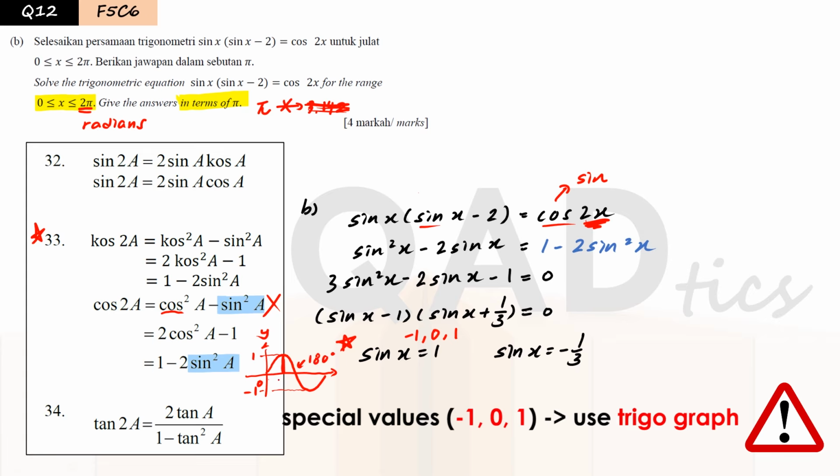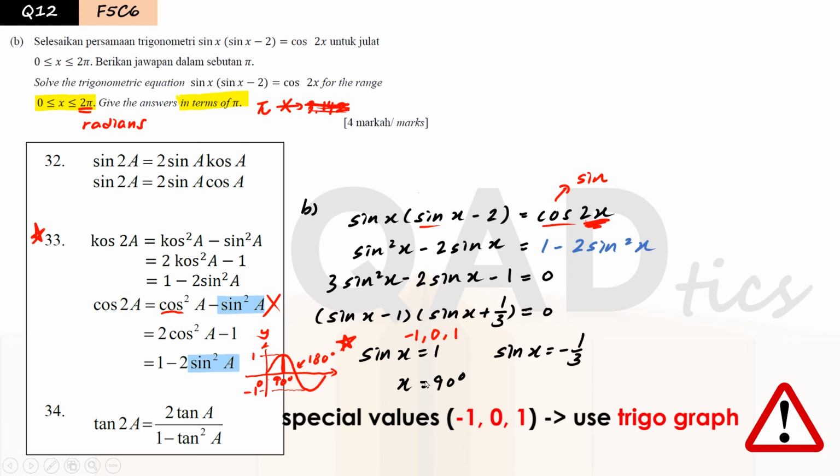So the middle here is 90 degrees. So for our x value, where sine x equals to 1, it will be this angle only. Because for the entire line here, it only touches the sine graph at this point only. So the angle will be 90 degrees.